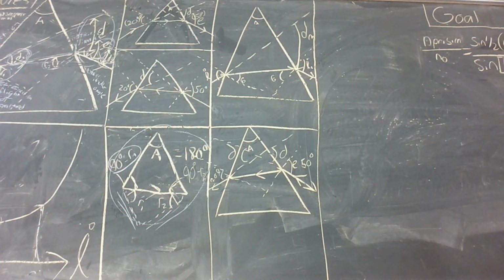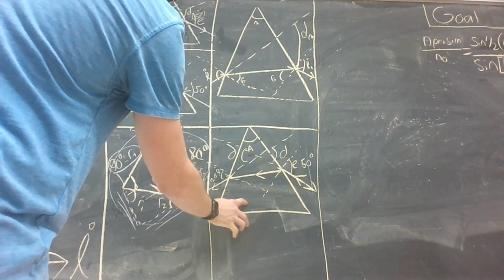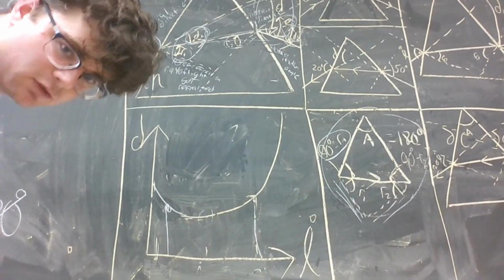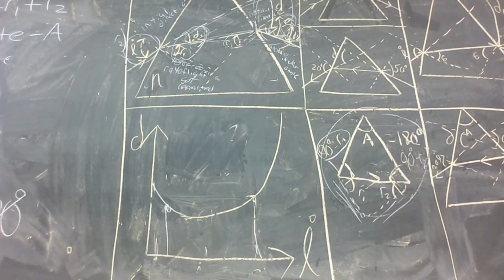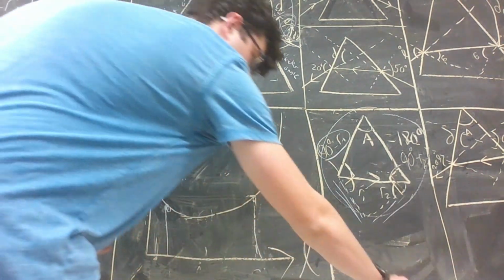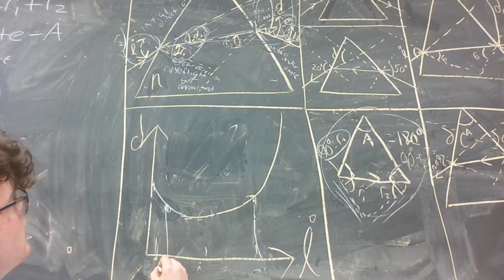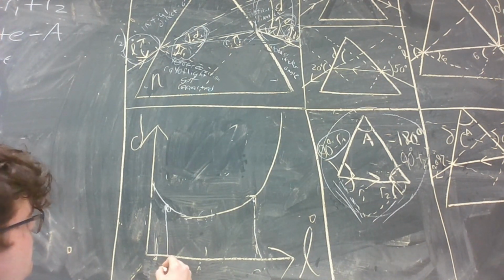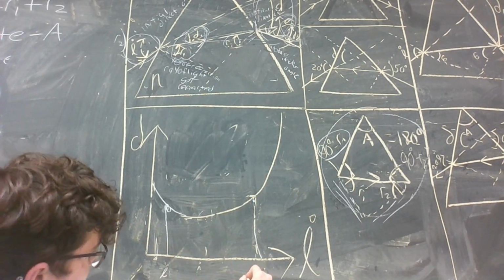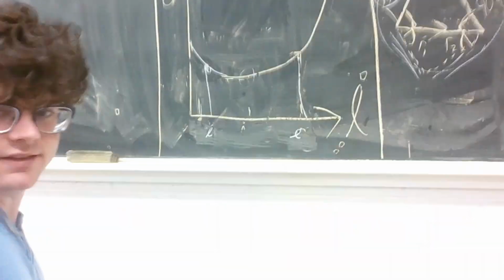So this gives you a little bit of background into what this graph is trying to tell you. Let's say this right here is one angle of incidence, and this is another angle of incidence. But sorry, I can't see it.